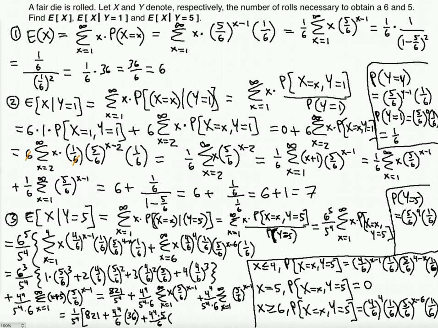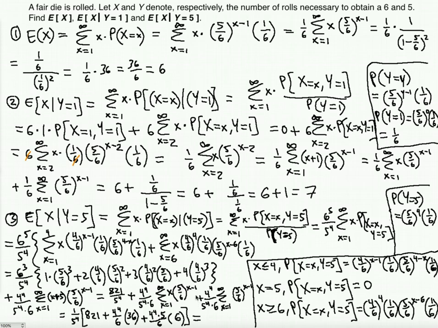Now it's easy. So this part is just what? That's just 1 over 1/6. This is the geometric series that converges to 1 over 1/6, if you don't count this term that we already wrote here. So 1 over 1/6 is 6. That's just that, right? So guess what happens?